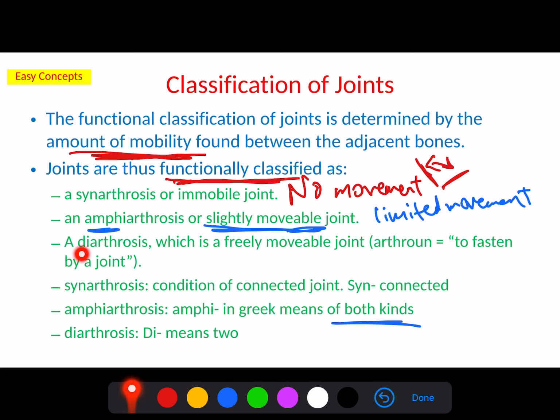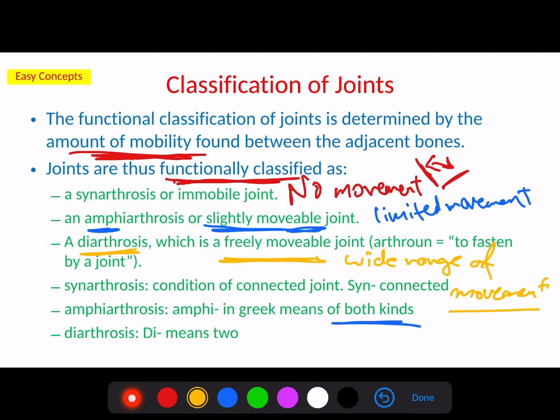And the third type is called diarthrosis. Diarthrosis is a freely movable joint which allows a wide range of movement. So this is the functional classification.